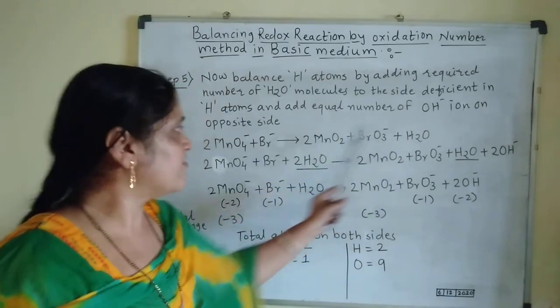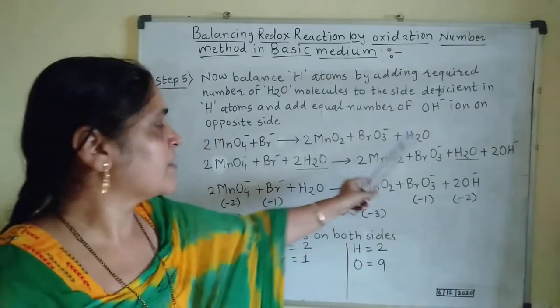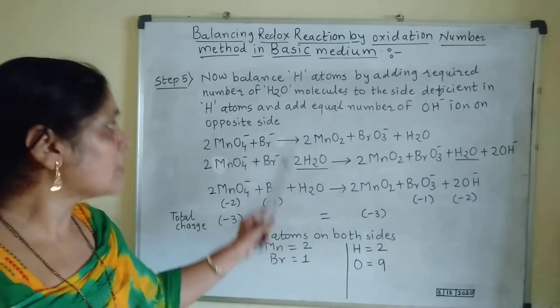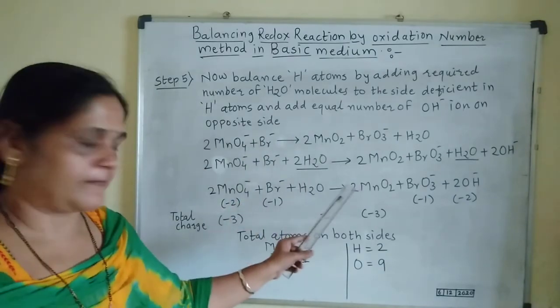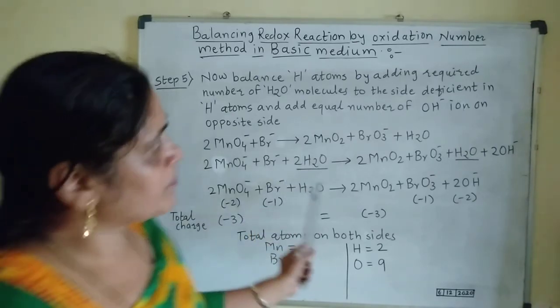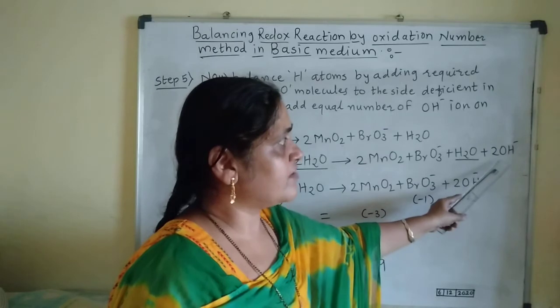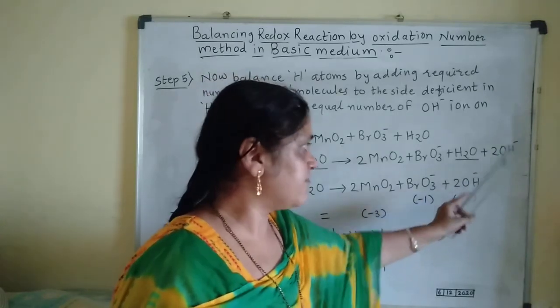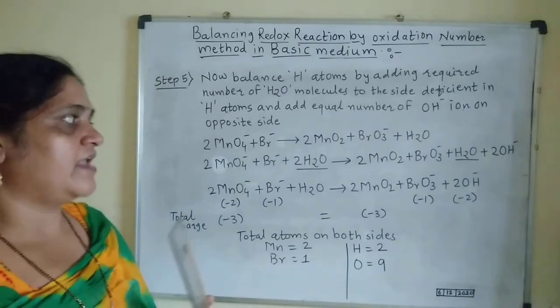So as the hydrogen atoms here are 2, we have to add 2 water molecules on the left hand side to balance the hydrogen atoms. So 2 water molecules are added. Therefore on the opposite side, that means on the right hand side, we have to add 2 OH⁻ ions, and this way we have balanced hydrogen atoms.